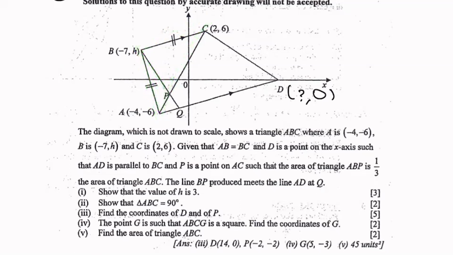Basically, whenever they have this kind of drawing, you must notice straight away they share the same perpendicular height. So the ratio of the area is the same as the ratio of the length of the bases. Area of triangle ABP over area of triangle ABC is 1/3.